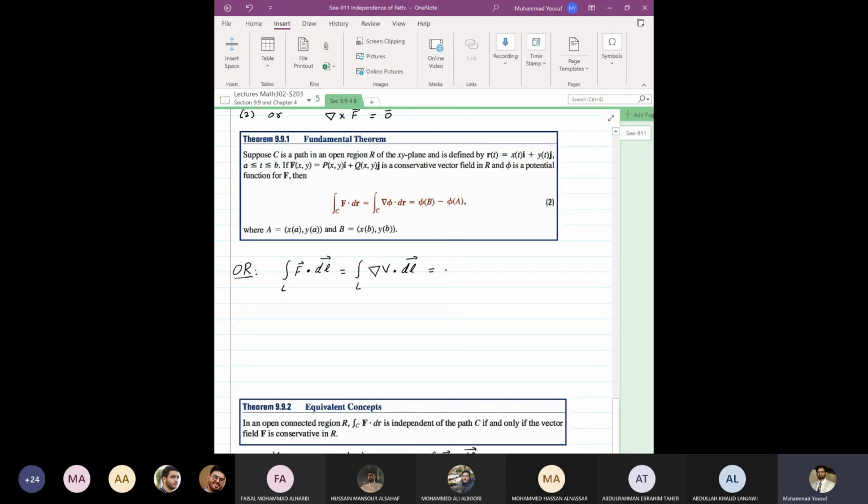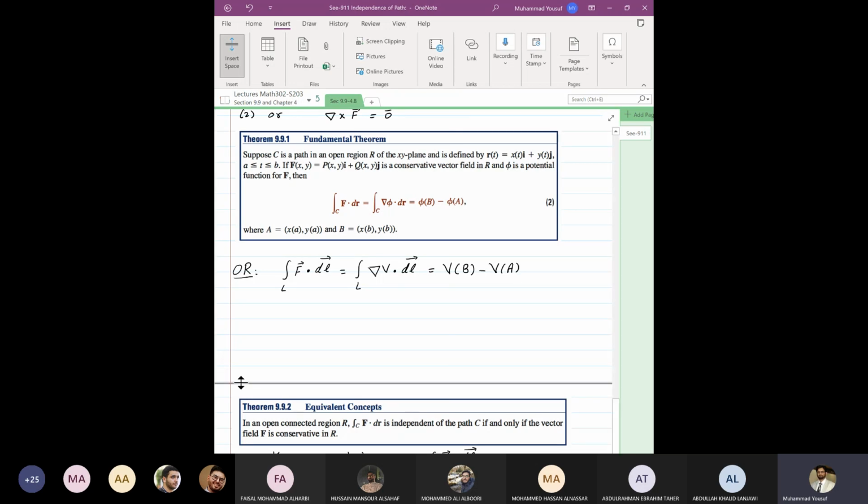That is equal to V at the end point minus V at the starting point. So in our notation, instead of C we have L, and instead of phi we have V, and we are writing this for 3D.